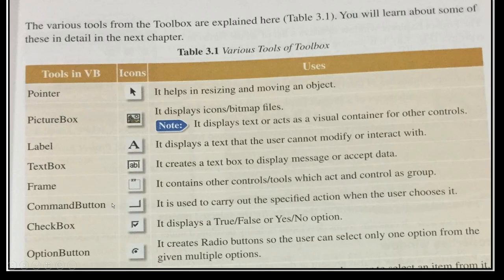Let's say the command button. It is used to carry out the specified action when the user chooses it. Checkbox. It displays a true or false or yes or no option. Option button. It creates a radio button so the user can select only one option from the given multiple options.